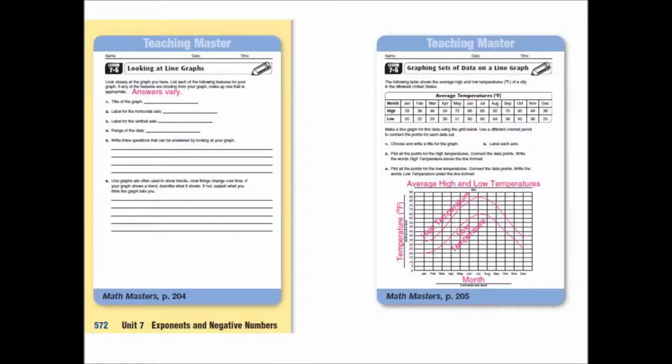Finally, your teacher may leave a lesson on the smartboard for you to do with the students as modeling or guided practice. The correct answers to these may be found in the teacher's manual where you see these examples of teaching masters.